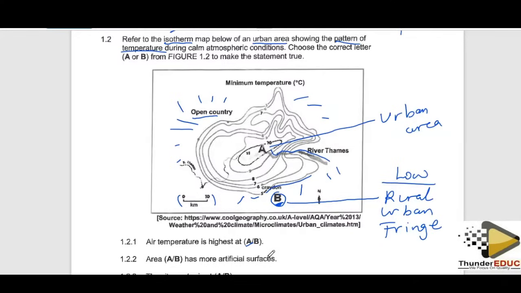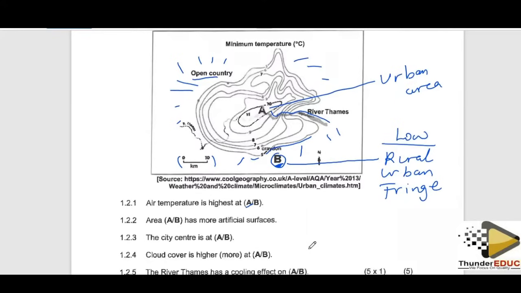For 1.2.2, they said area A or B has more artificial surfaces. And when they say artificial surfaces, they are referring to materials or things that are man-made, which contribute to temperatures rising. Like we mentioned, there are a lot of tar roads, concrete, lights, bricks, glass, metals. All these contribute to temperatures rising.